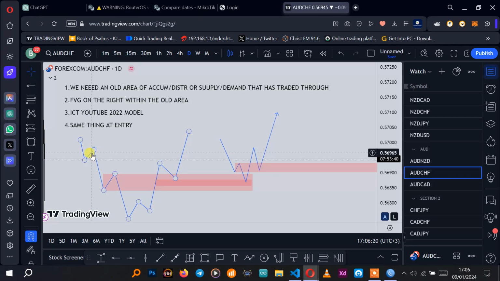A retest of these areas is what we are paying attention to. So you wait on a lower time frame to see how price reacts off these zones. Once price comes to this area, you wait to see a similar setup to what happened on the higher time frame. When you see it also on a lower time frame, extend out to that old area that has been traded through, wait for a retest, and look for an FVG inside here.